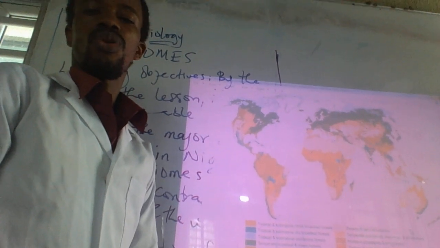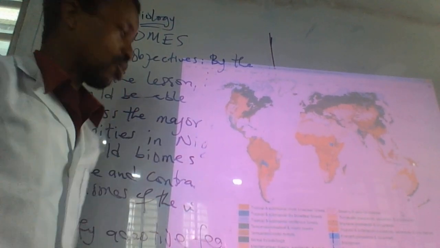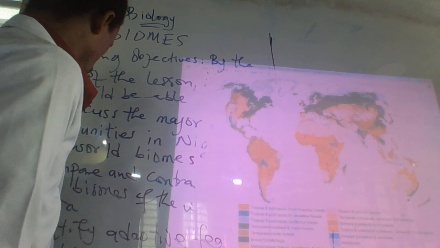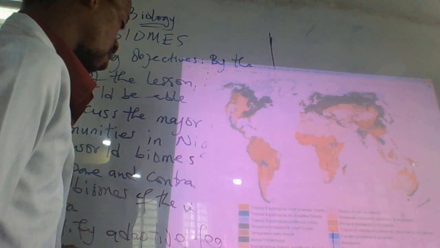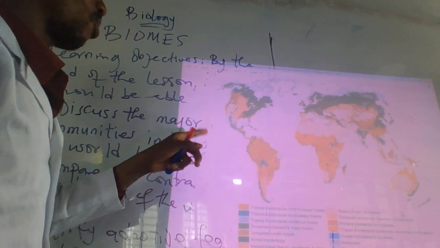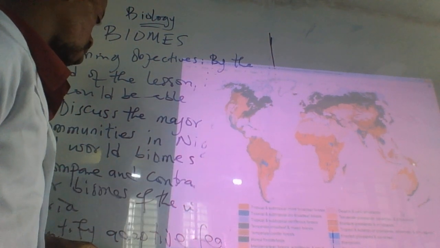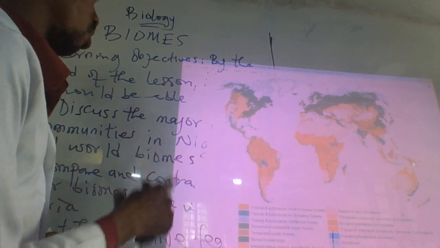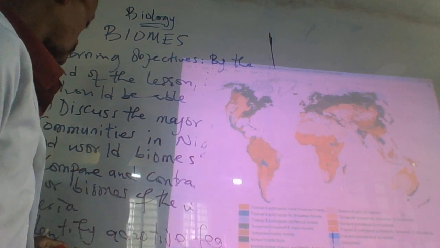So to continue with our lesson, I want to move to the location of biotic communities on the map. As I said earlier, I've located those that we have in Nigeria and in the world at large. You can see it there on the diagram that I have on the board.